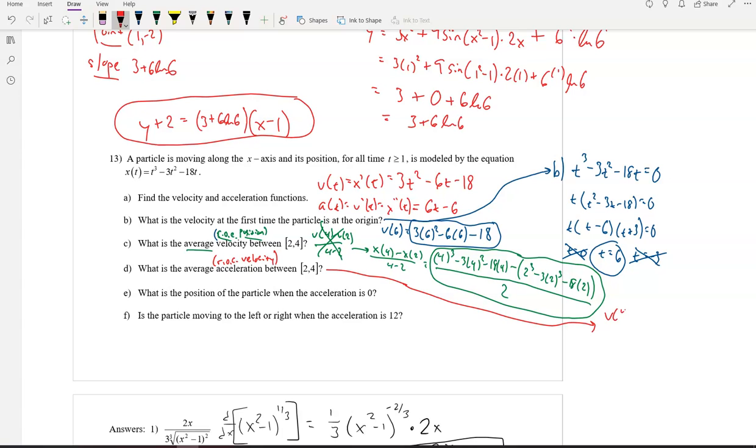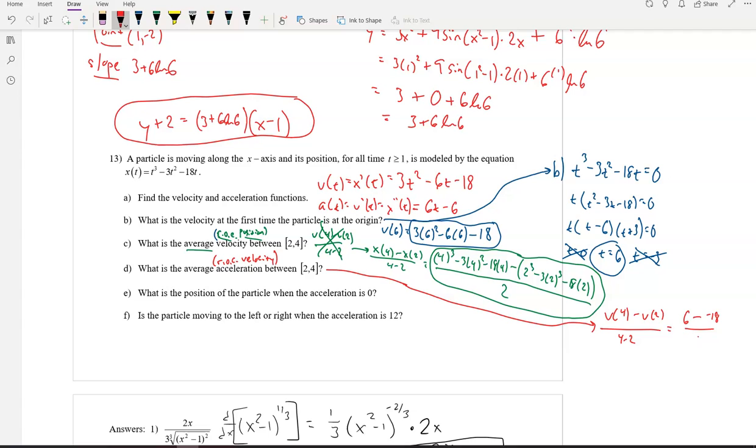So this would be v of 4 minus v of 2 over 4 minus 2, which would give us, let's see here, 6, and then 12 minus 12, so negative 18 over 2.